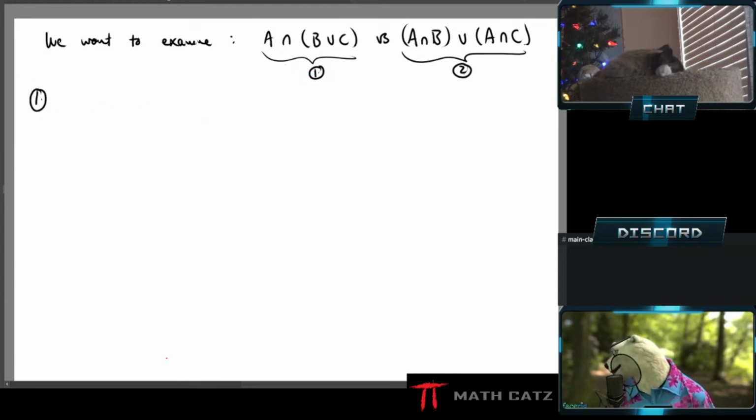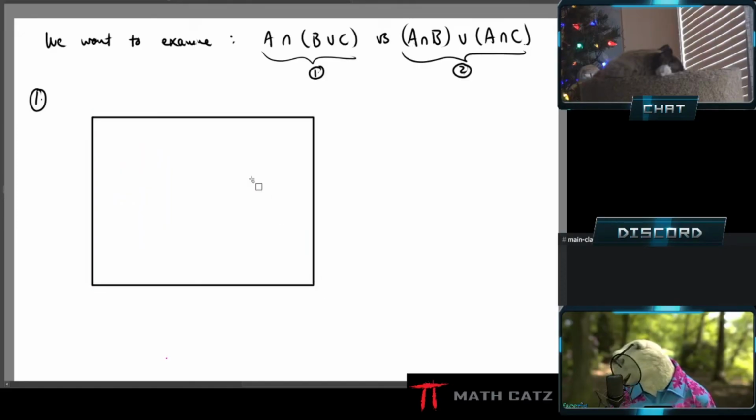So number one. Make it nice and big. Rectangle contains everything. My general position for three sets without knowing anything about them, well, I now have to start with a layout that covers every possibility. So let's start with A. Let's suppose that's A. Now I know what the general position of two sets looks like, so I can put a B down over here.